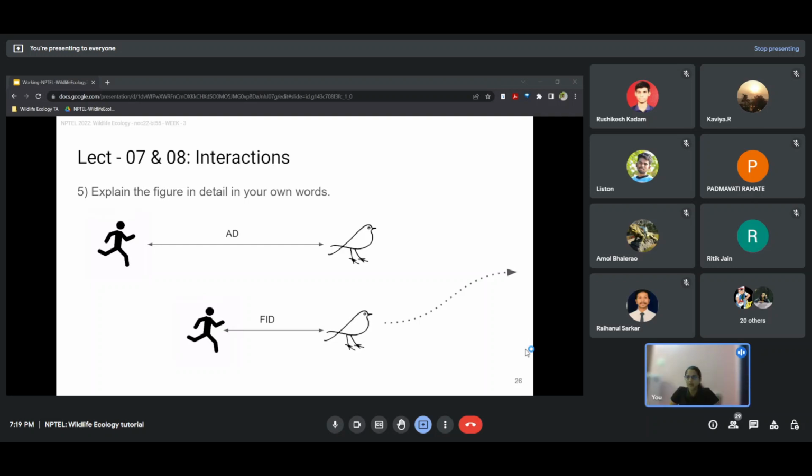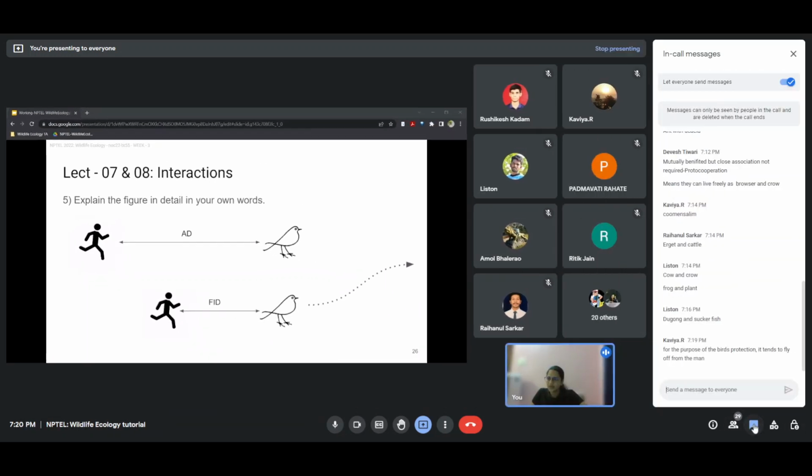You've given me the correct explanation of the figure. No problem, you've got the concept absolutely correct. Yes, it does tend to fly off. Anybody has an idea what this is? It's called a particular term, and it may not always be linked to birds. It could be any animal.